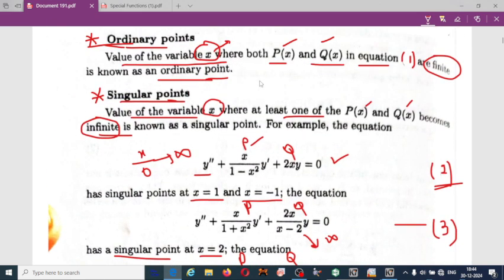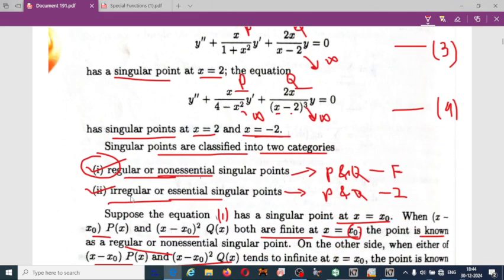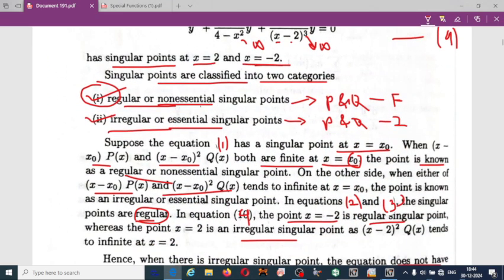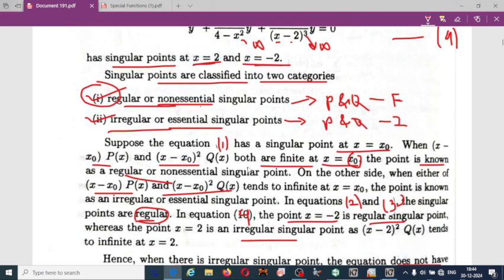So try to clearly understand the definition for ordinary point and singular point first, and then singular points are classified into regular and irregular, and it all depends upon the value of x. At what value of x the P and Q will become infinite, that is very important.